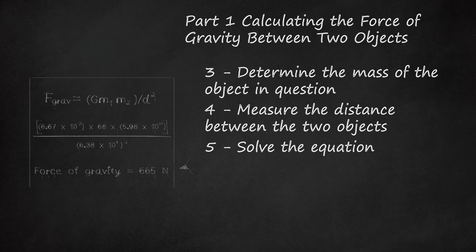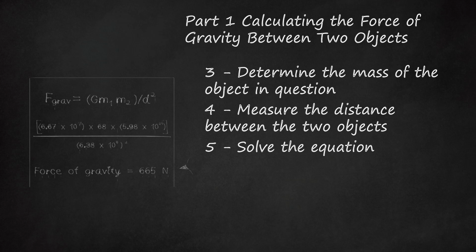For example, determine the force of gravity on a 68 kilogram person on the surface of the Earth. The mass of the Earth is 5.98 x 10^24 kilograms. Make sure all your variables have the proper units. m1 is equal to 5.98 x 10^24 kilograms, m2 equals 68 kilograms, G equals 6.673 x 10^-11 N m²/kg², and d is equal to 6.38 x 10^6 m.